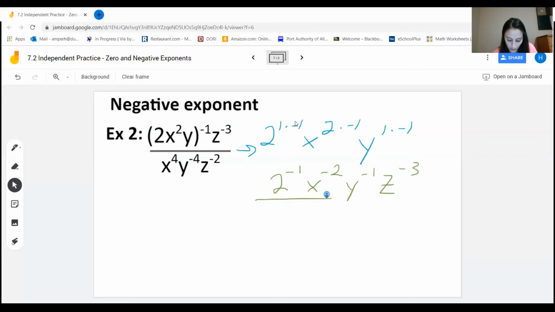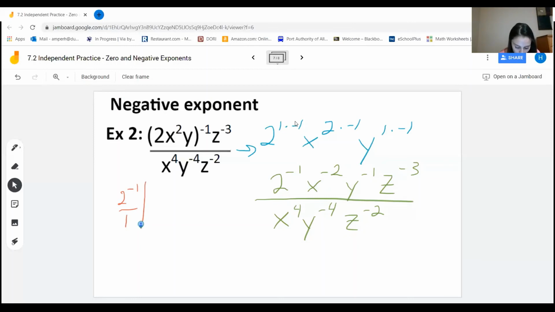Okay, with our x to the 4 on bottom, y to the negative 4 on bottom, and z to the negative 2. And now what we can do is actually break these up into their own division problems. I'm going to do this in a different color to the left here. So now we have 2 to the negative 1 being just divided by 1, right?